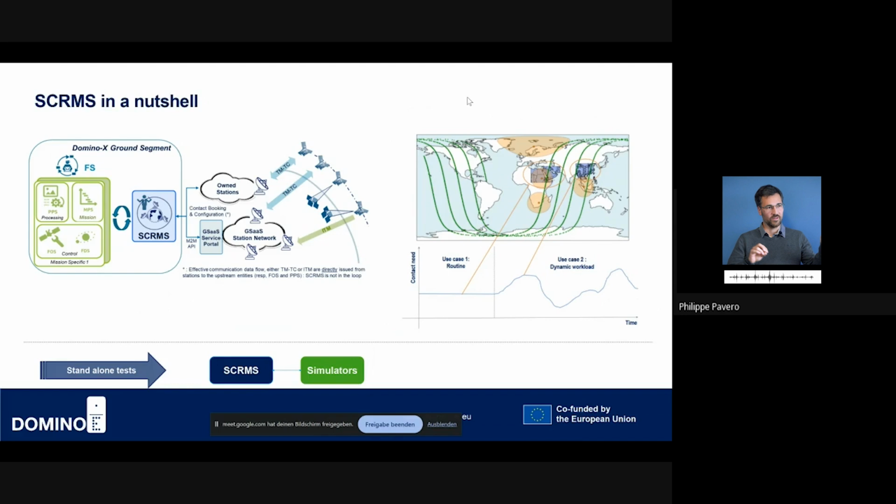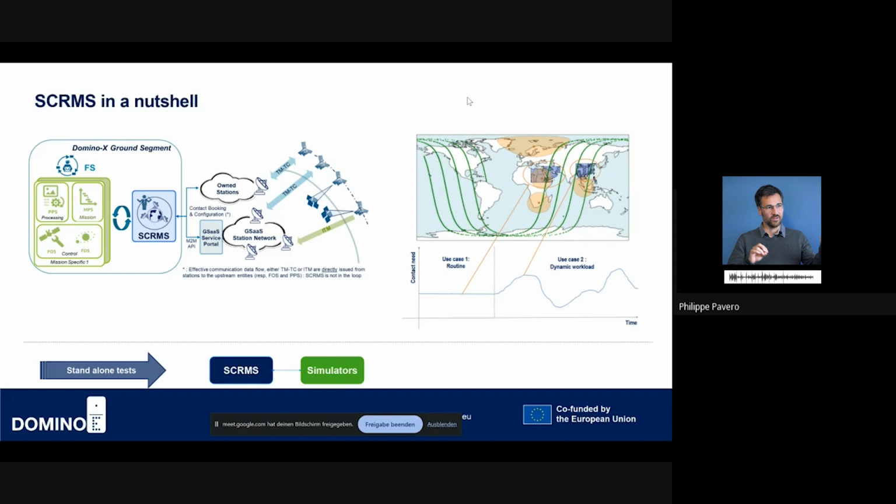So that means if the workload evolves and you want to, let's say, acquire pictures of the Southeast Asia area, for example, then you can start using the station in, if I remember well, Kuala Lumpur, so very close to the area.